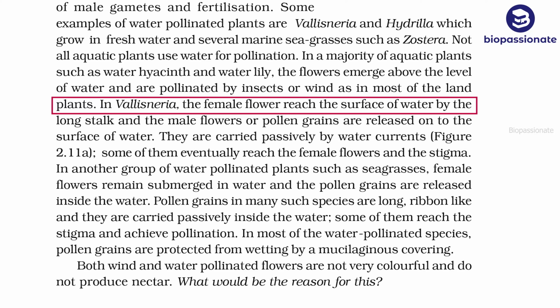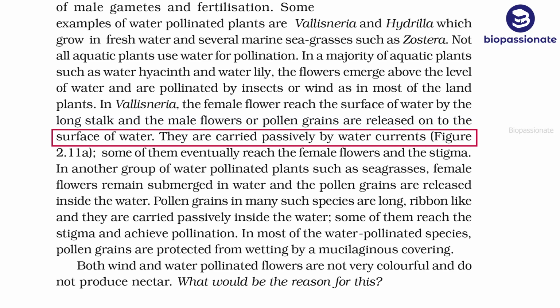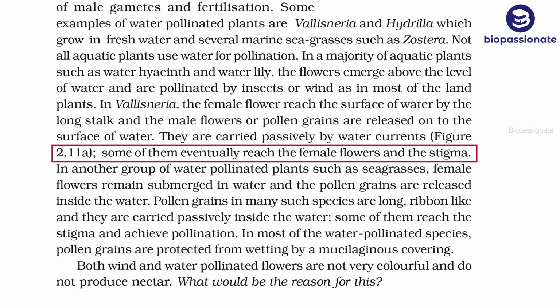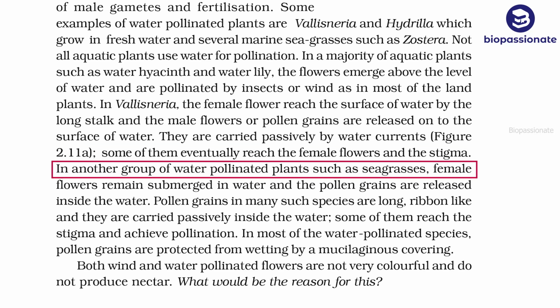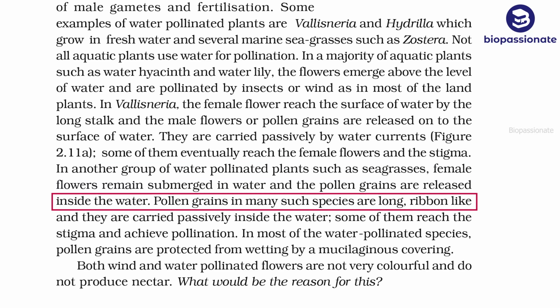In Vallisneria, the female flower reaches the surface of water by a long stalk, and the male flowers or pollen grains are released onto the surface of water. They are carried passively by water currents. Figure 2.11a. Some of them eventually reach the female flowers and the stigma. In another group of water-pollinated plants such as seagrasses, female flowers remain submerged in water, and the pollen grains are released inside the water.